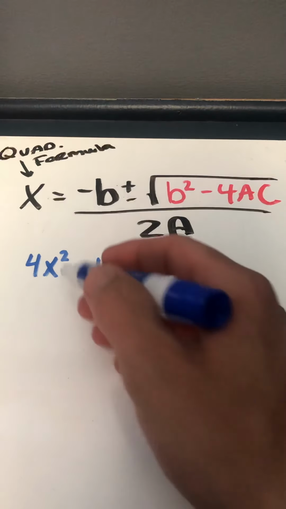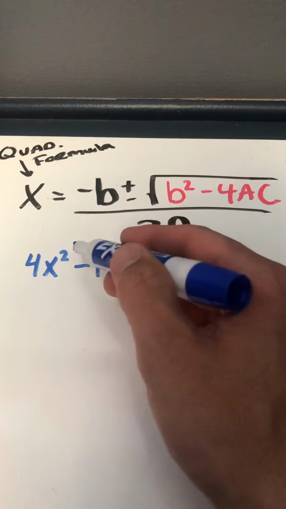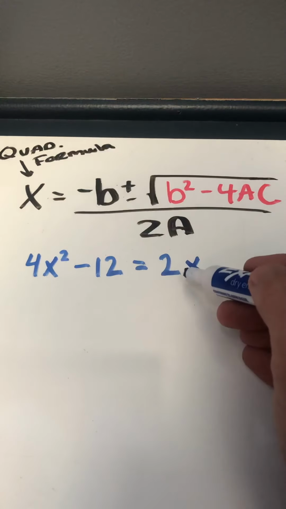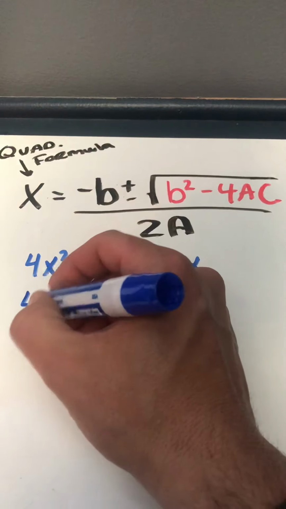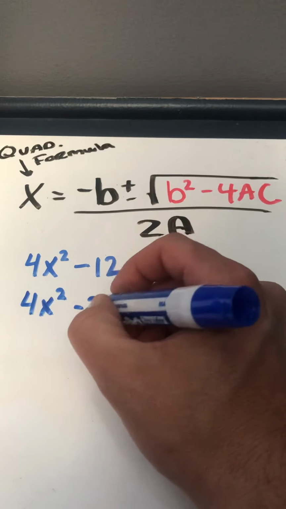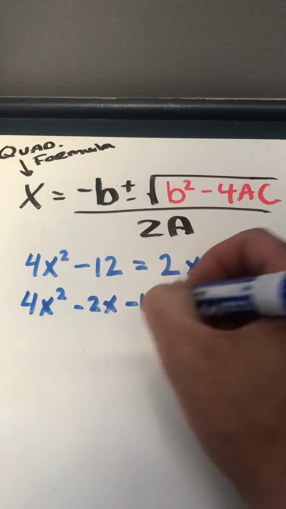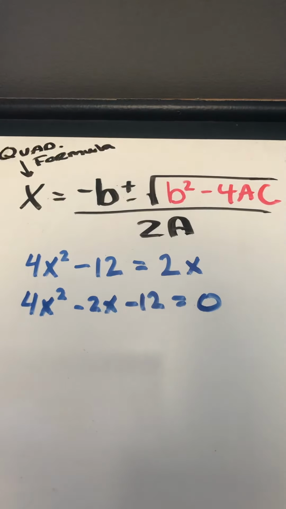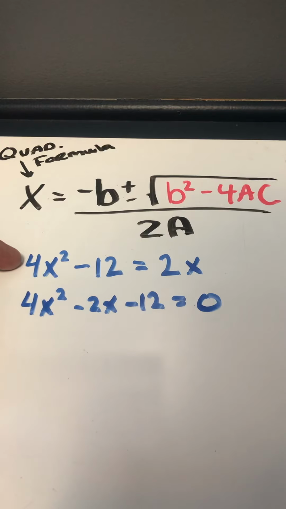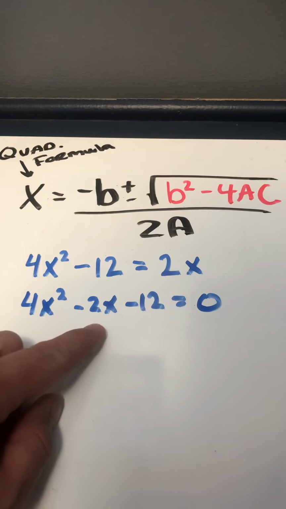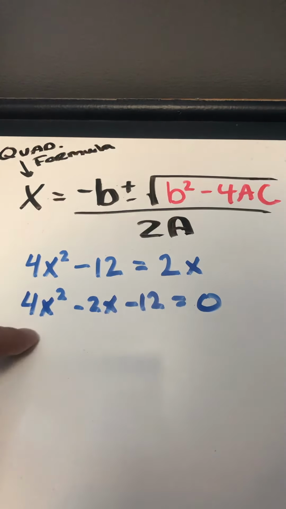And in standard form, it goes ax squared plus bx plus c equals 0. So this 2x is on the wrong side. We're going to subtract it from both sides. So now we'll have a minus 2x on the left and a 0 on the right. Subtracting 2x from 2x created the 0. Subtracting 2x from this binomial gave us a minus 2x term and now a trinomial.